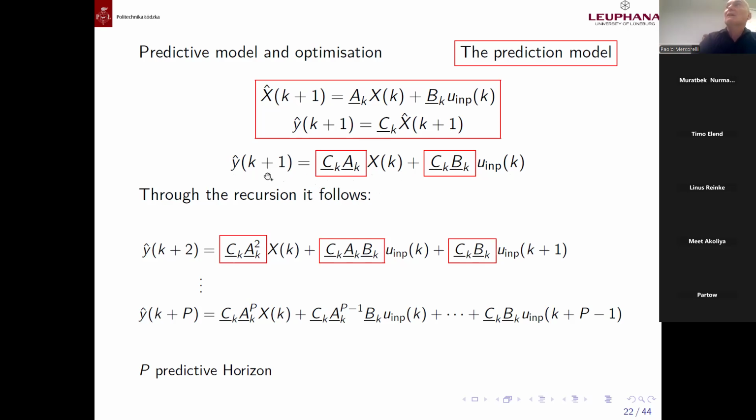Tomorrow, let me say, or the step after now, is calculated analytically here. Now, if I add plus 1 here, I have y hat k plus 2, and here I have x k plus 1. And of course, I reconsider this expression.